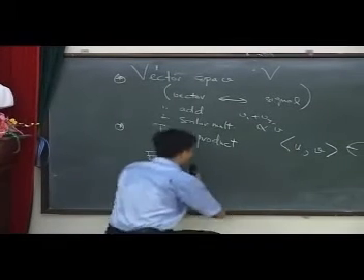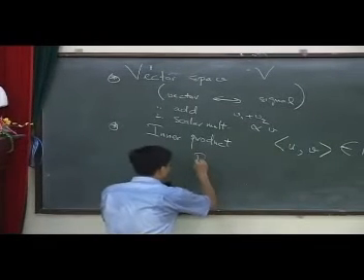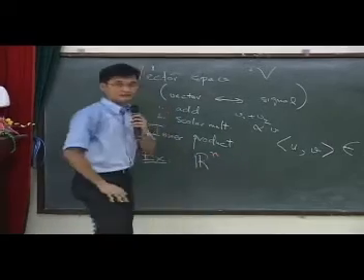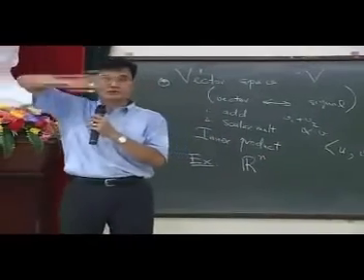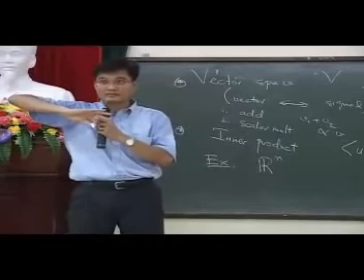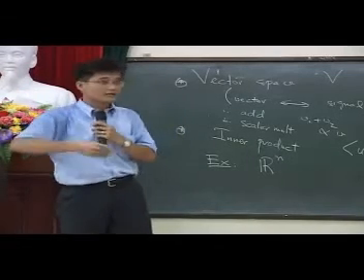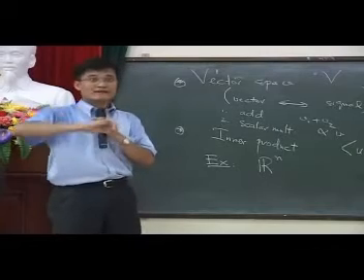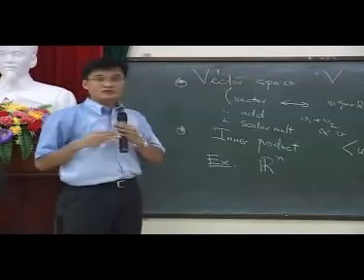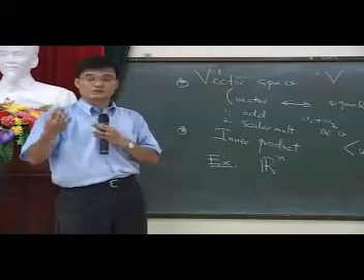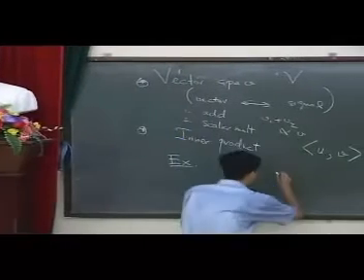For example, if I have the vector space Rn, an n-dimensional Euclidean vector space, each signal has n real samples. So I have two signals, and I want to take an inner product between them.